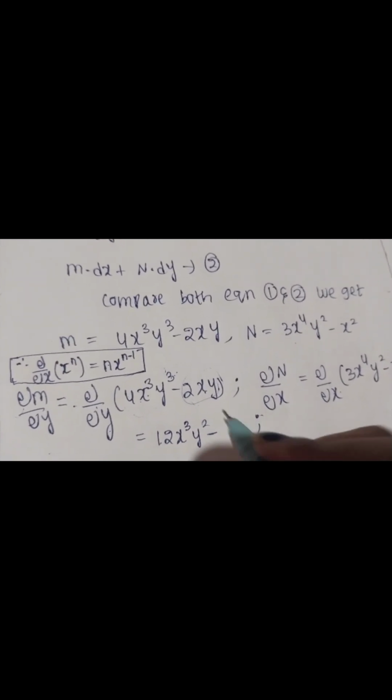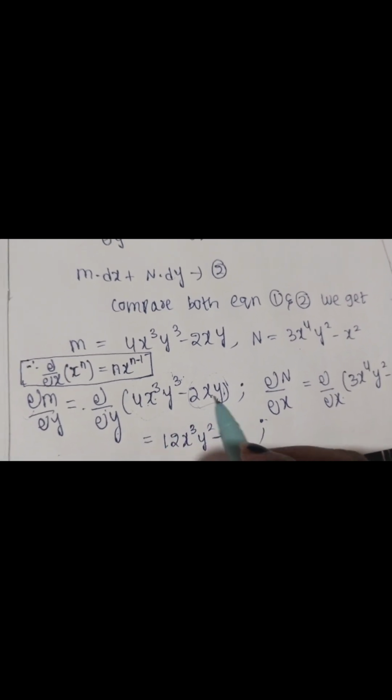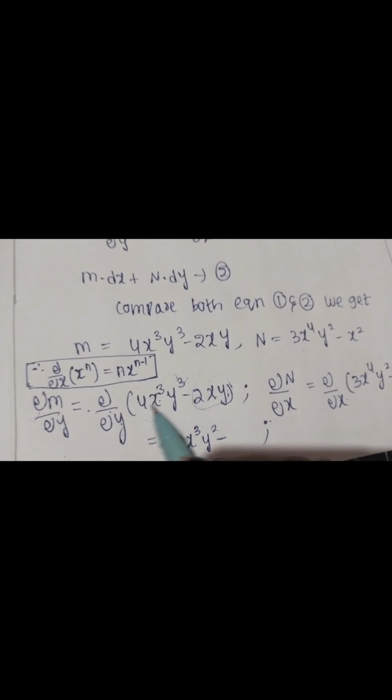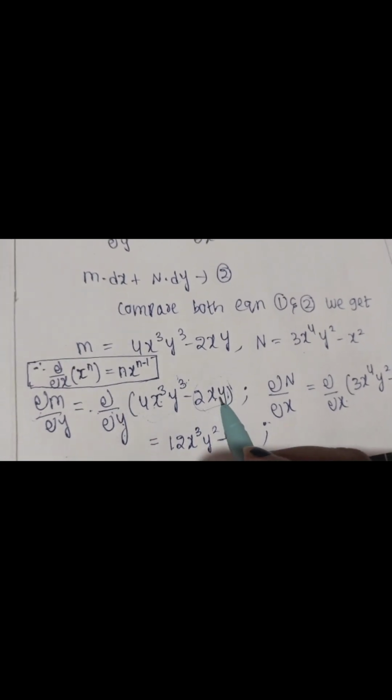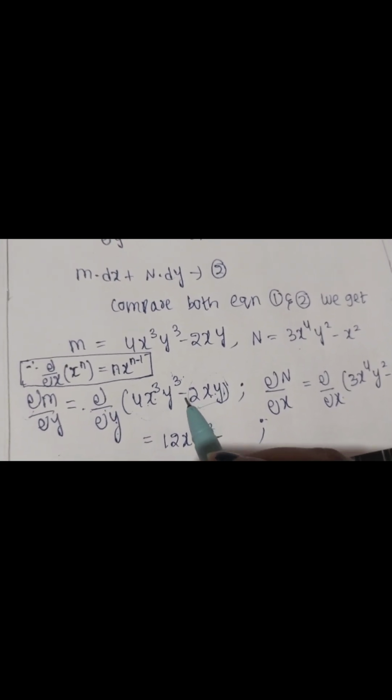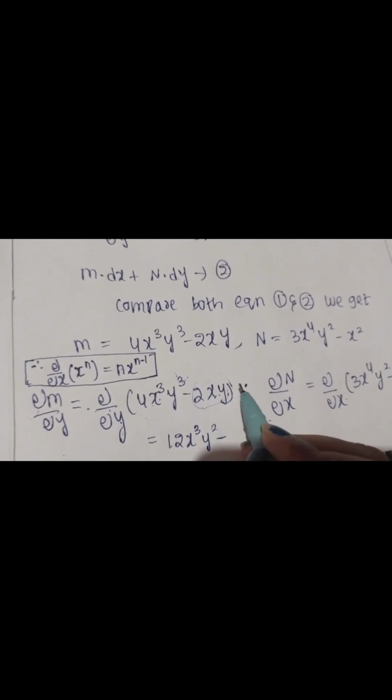For this also, we take this term in front of dou by dou y, and dou by dou y of y is equal to 1. That is 2x into 1, which is simply 2x. Like this we perform both simultaneously.